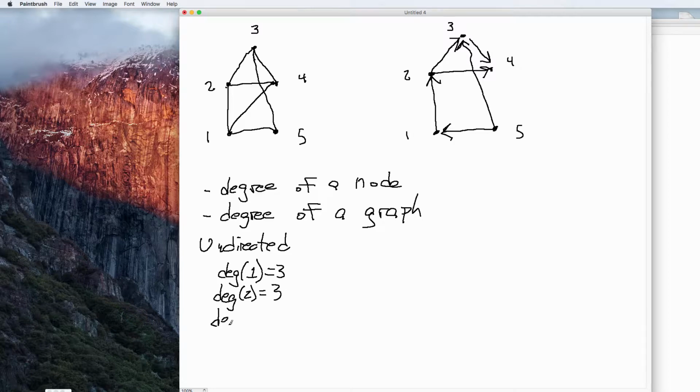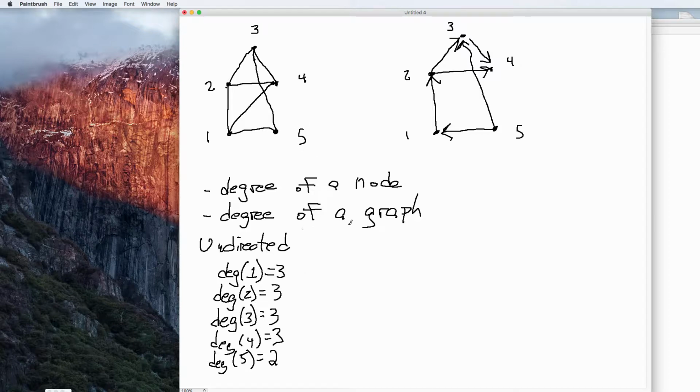And I would see that the degree of 3 is equal to 1, 2, 3. And the degree of 4 is equal to 1, 2, 3. And the degree of 5 is equal to 2, right there.